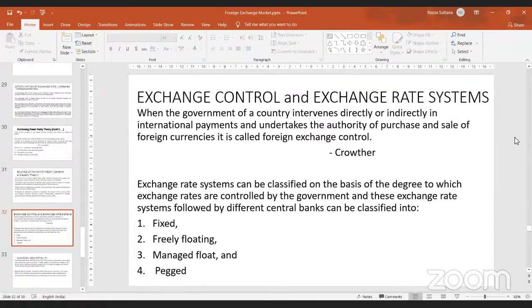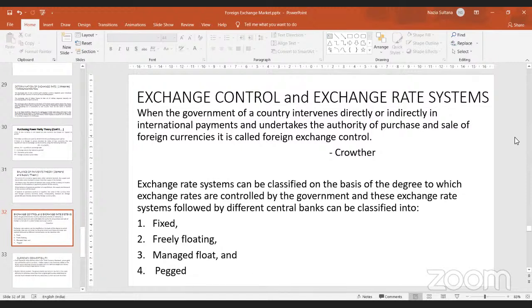Now, when you leave things to the market forces, there is every possibility that more risks may come. So it is essential that governments of countries interfere through exchange control. Directly or indirectly, the government of a country monitors international payments, like in yesterday's news, where the Enforcement Directorate raided a particular Indian company, an MNC.